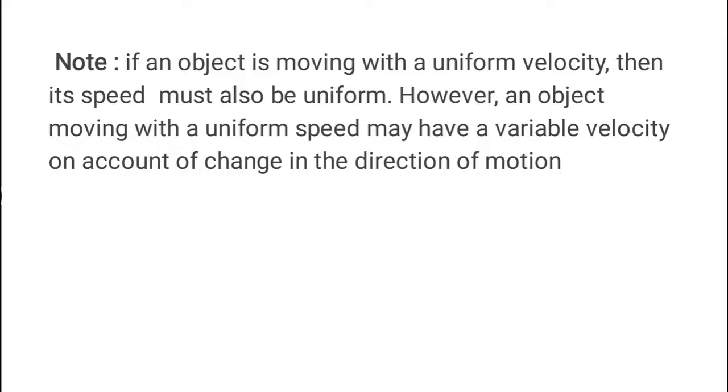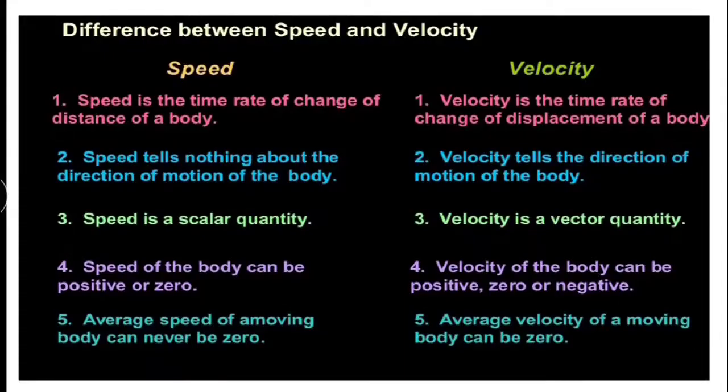So it is clear. Now let us see the difference between speed and velocity. Speed is the time rate of change of distance of a body, while velocity is the time rate of change of displacement of the body. Speed is always related with distance, while velocity is always related with displacement. Speed tells nothing about the direction of motion.